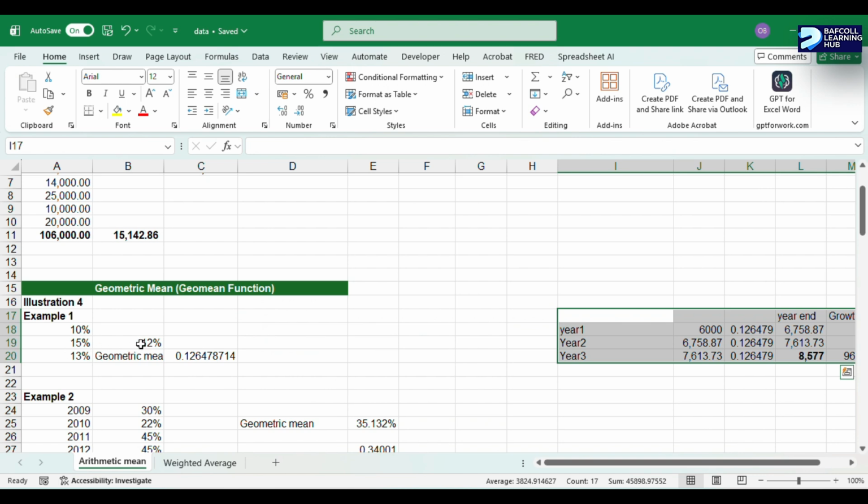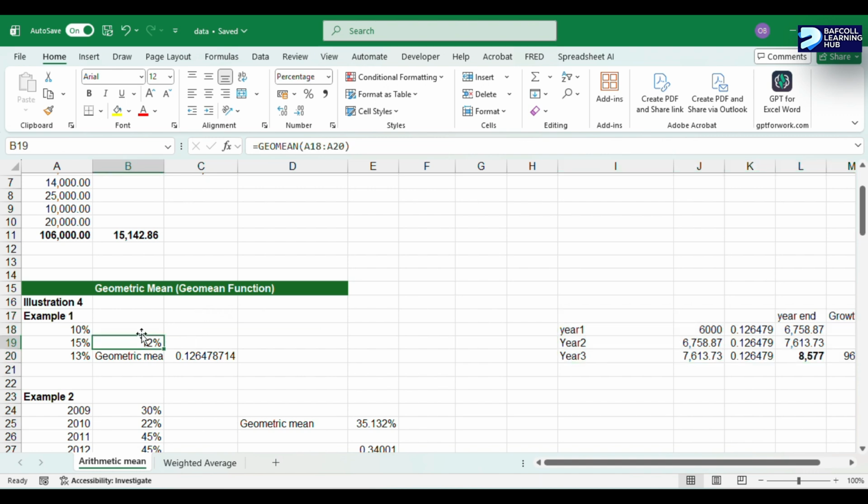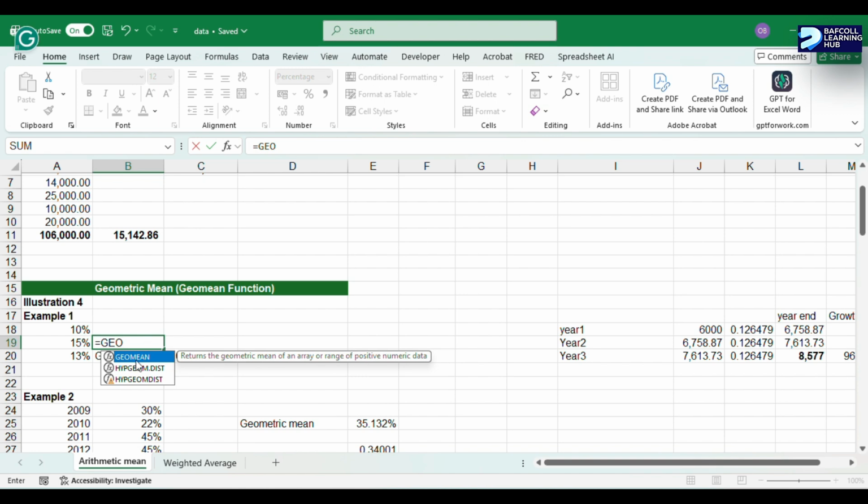Now, in Excel there is a geometric mean function that we can use, and that's the GEOMEAN function. To compute the geometric mean, you just go equal to GEOMEAN.